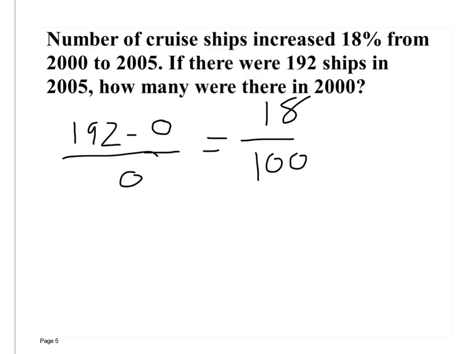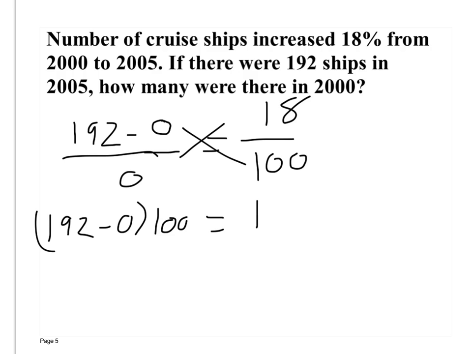So where R has been, now we replace that with 18 because we know our percentage. What we need to do is find out O. So we cross multiply. We have 192 minus O times 100, equal to 18 O.